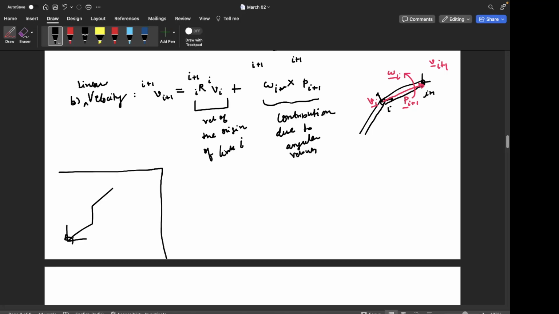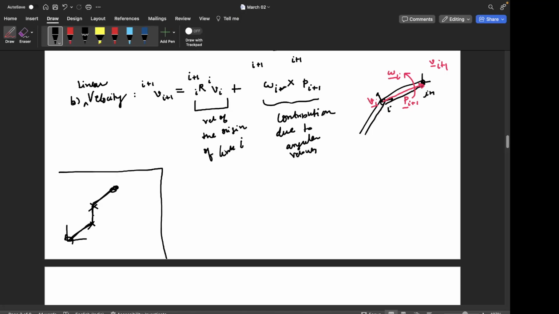Only the first joint has non-zero velocity. Practically it would mean that you have three motors, one at each joint, and you are only rotating the first motor. The other two motors are locked, right? So how would this behave practically? This would behave like one rigid body from here to the end, right? It would behave like that only.